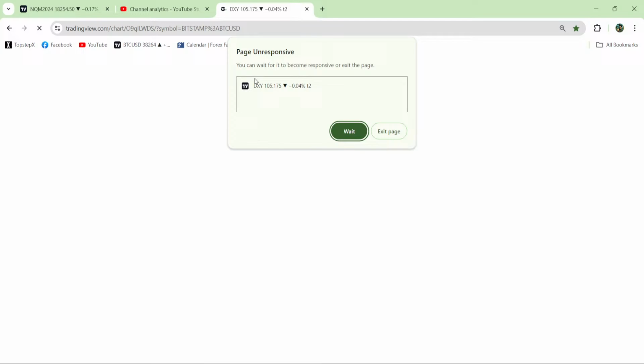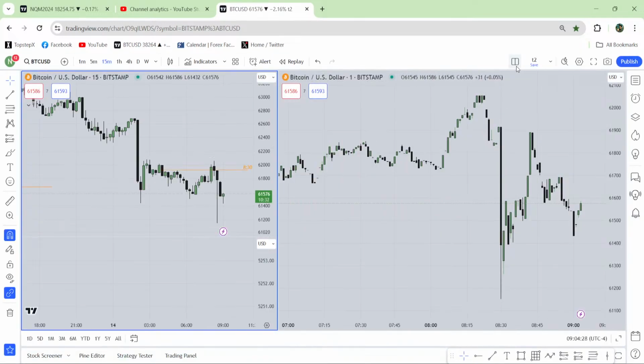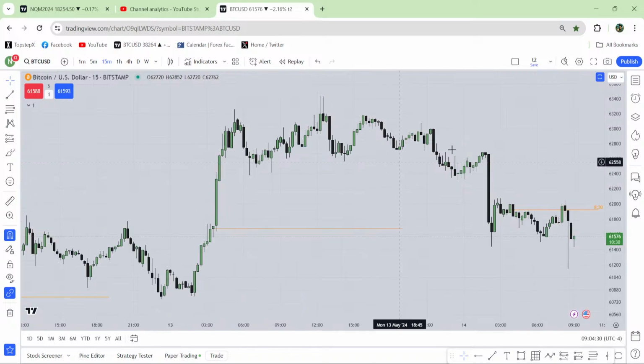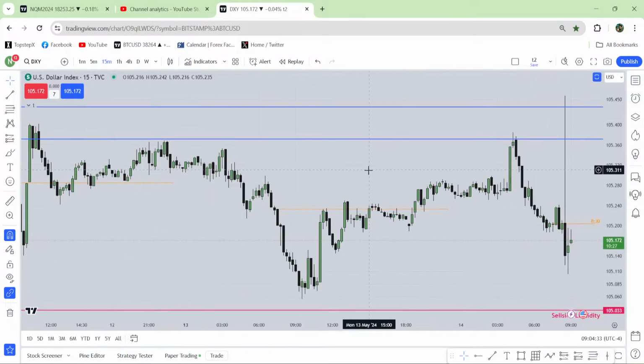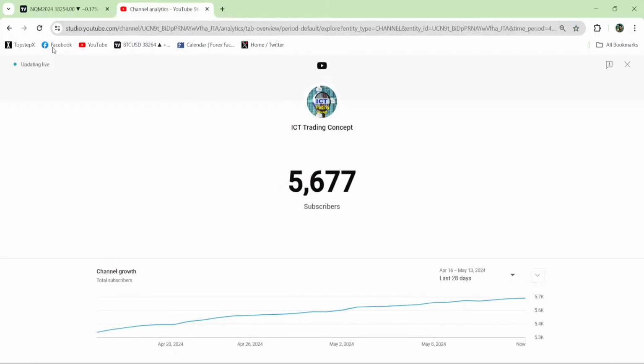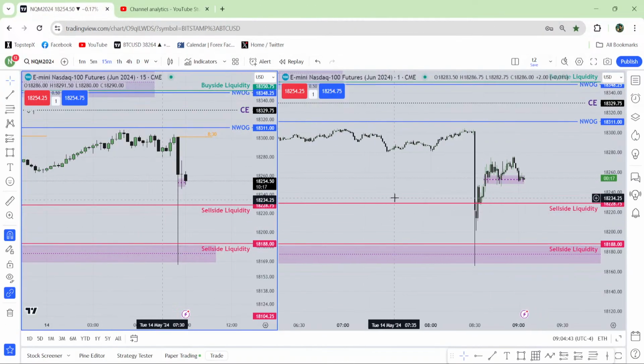Even on my phone, it is freezing. It says you can wait for it to become responsive or exit the page. Okay, going to exit the page. I don't know what happened with this dollar index, so I'll just let it go.